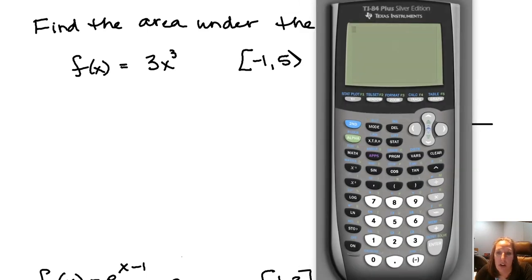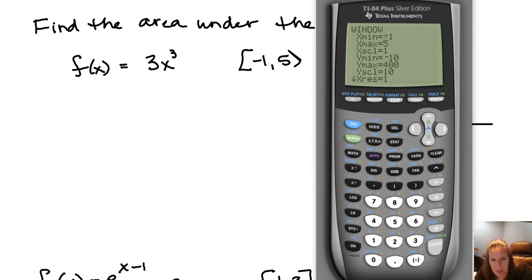So let's use our calculator to help us out with that. We're going to go to our y equals menu, plug in our function, 3x cubed, and then we can go to the graph. On the window that I have set, I have my interval from -1 to 5.